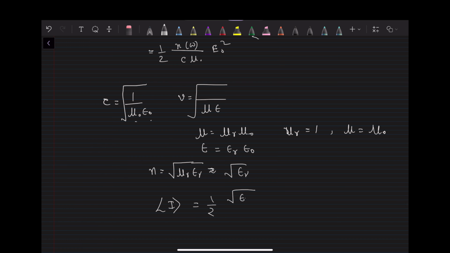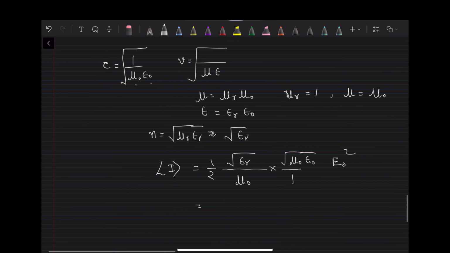Okay, so we can use these expressions in the intensity expression we had derived, and it can be written as, I'm just using epsilon r, then we have mu naught, then writing c as one over the square root of epsilon naught mu naught, then we have V naught square, then we are left with half epsilon r, and epsilon naught will give you epsilon, then we are left with mu naught.